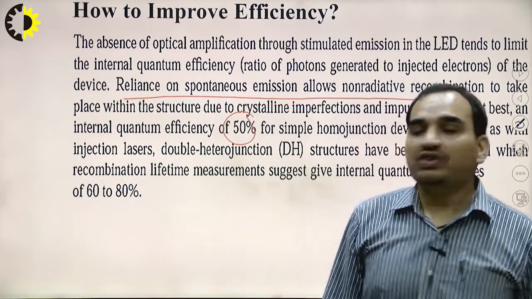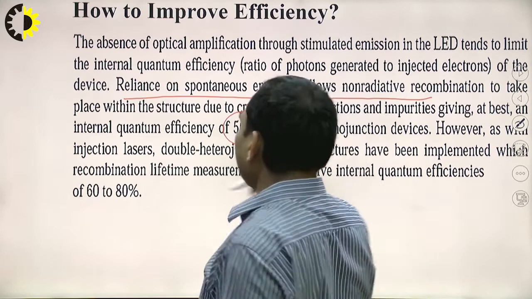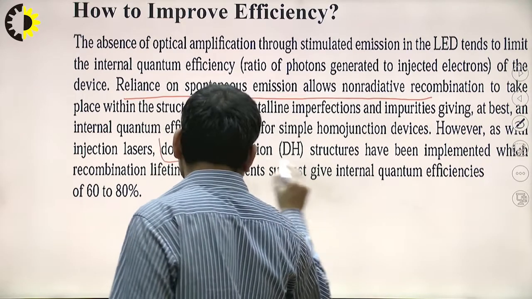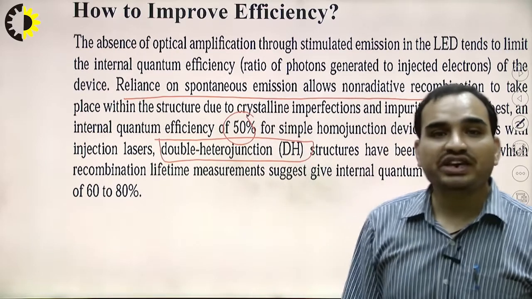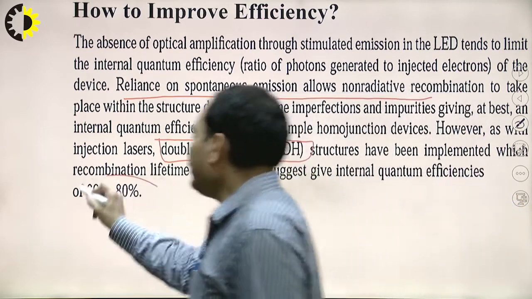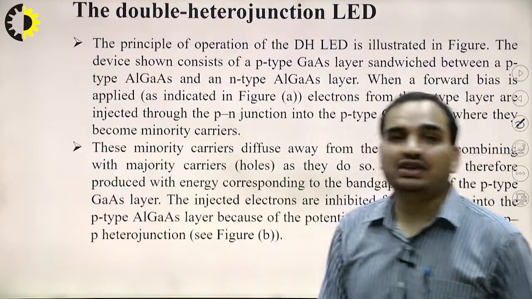However, as with the injection laser, double heterojunction (DH) structures have been implemented with recombination efficiency ranging from 60 to 80%.